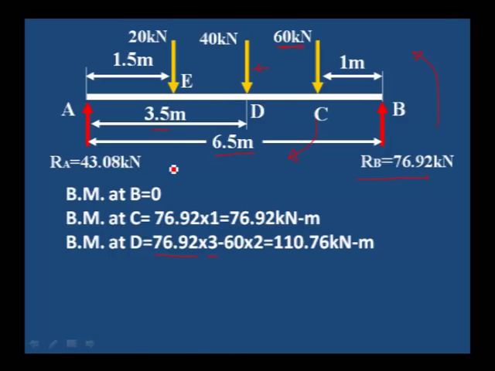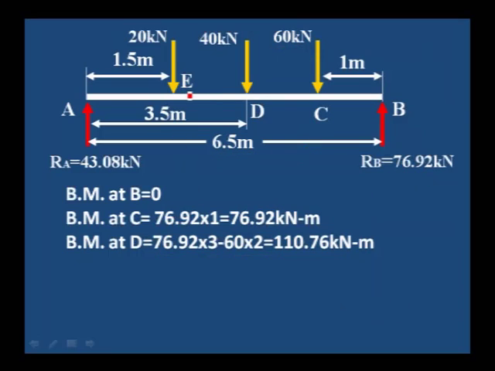Total distance is 6.5 minus 3.5, that is 3 meter, 3 minus 1, that is 2 meter between C and D. 60 into 2. So 76.92 into 3 minus 60 into 2, we will get the bending moment at D, 110.76 kilonewton meter.